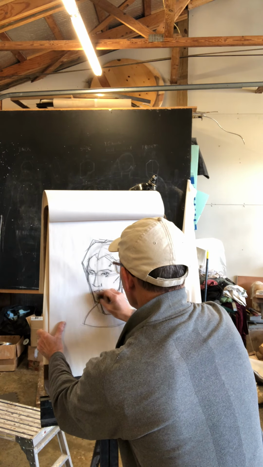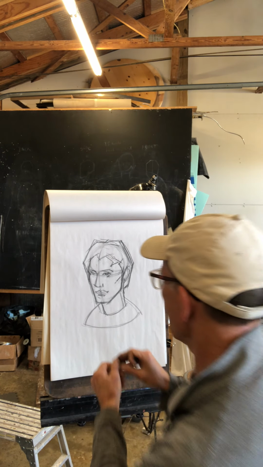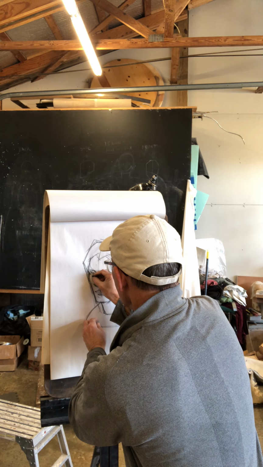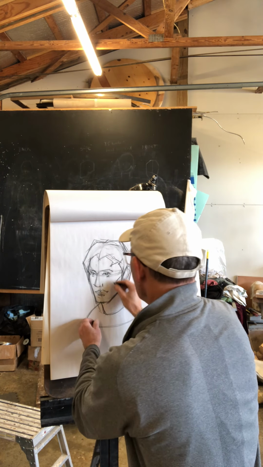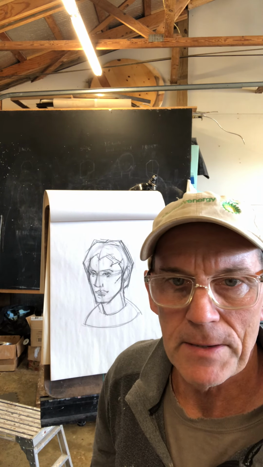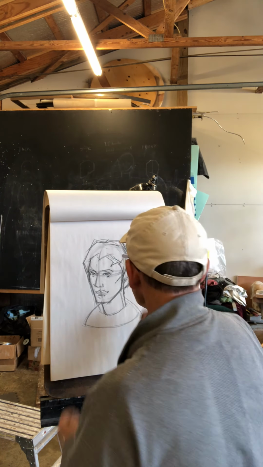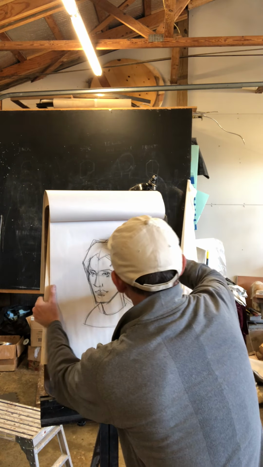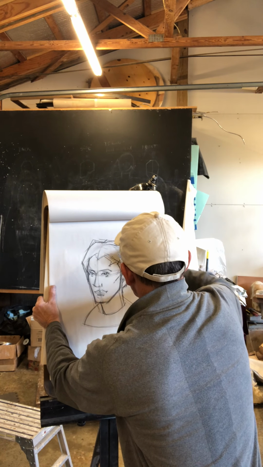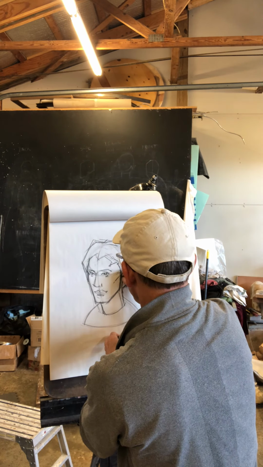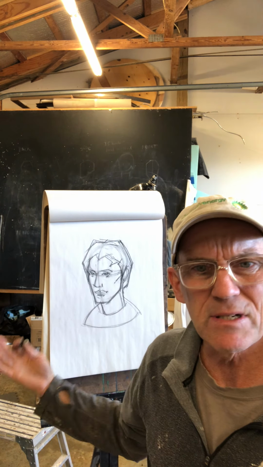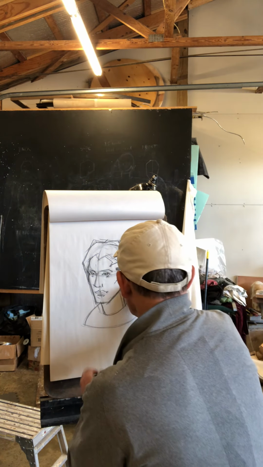All right, so this might be just my first go through, sort of hacking out the main angles that I see in the head, getting everything placed. And then once that's done, I can step back and start thinking about the large proportions, and see if I have to make any adjustments, because it's still in a pretty simple state.